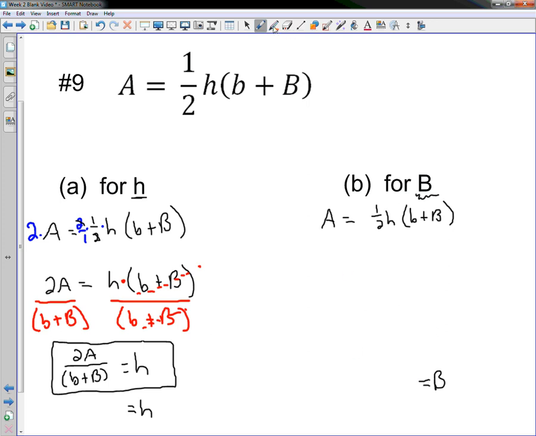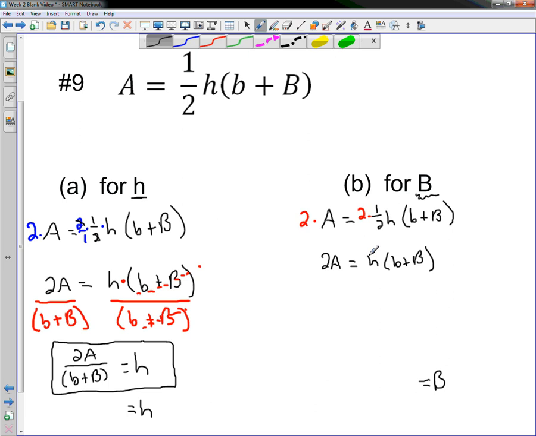Well, I've already identified how to move the 1/2 over by multiplying by 2. So I'm going to go ahead and multiply by 2, or 2 over 1, on both sides. So that gives me 2a equals h times b plus b. Well, I want to try to get that capital B by itself.